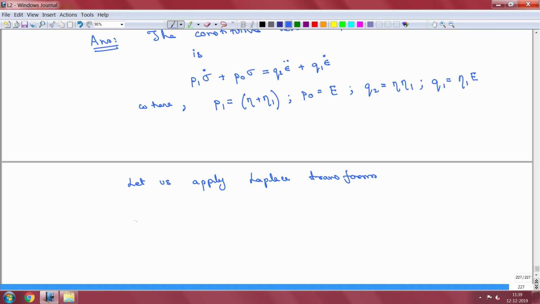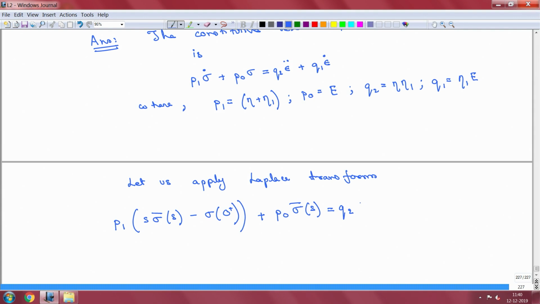So we can write, we have P1, here we will have s sigma bar of s minus sigma naught, plus P naught. Here there is no derivative, so this will just simply give us sigma bar of s. As I said before, this bar implies a transform, and s is the variable for the Laplace transform.